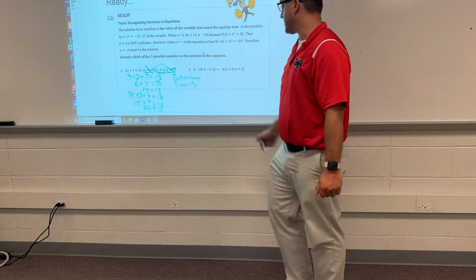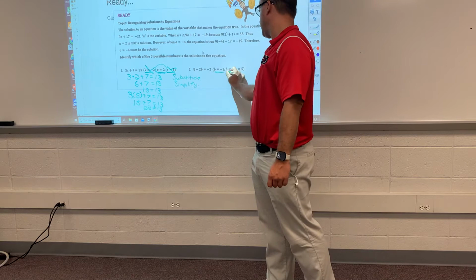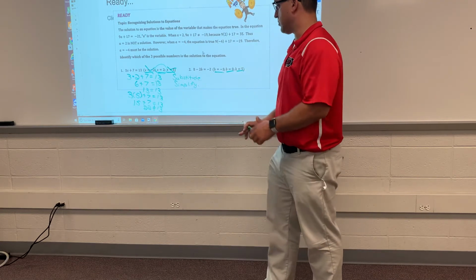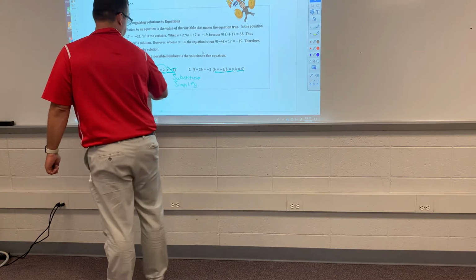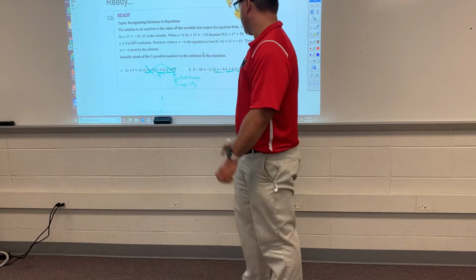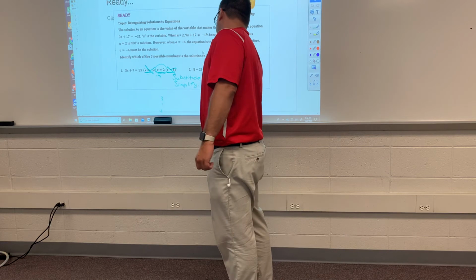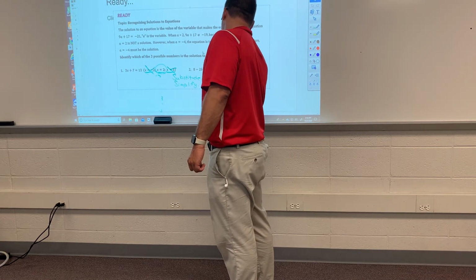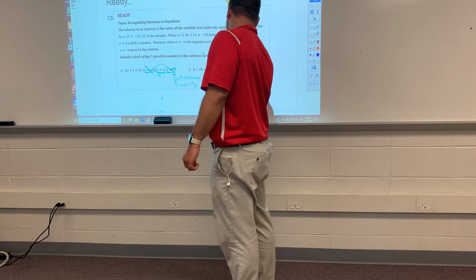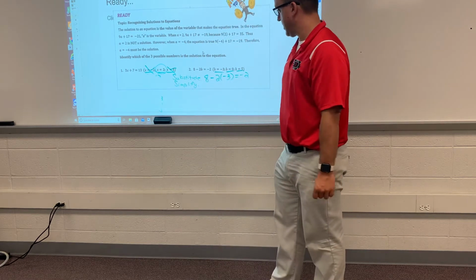And our three possibilities: b equals negative 3, b equals 0, and b equals 5. So I'm going to do the same process here of substituting and solving. So I'm going to go 8 minus 2 times negative 3 and see, is that equal to negative 2?